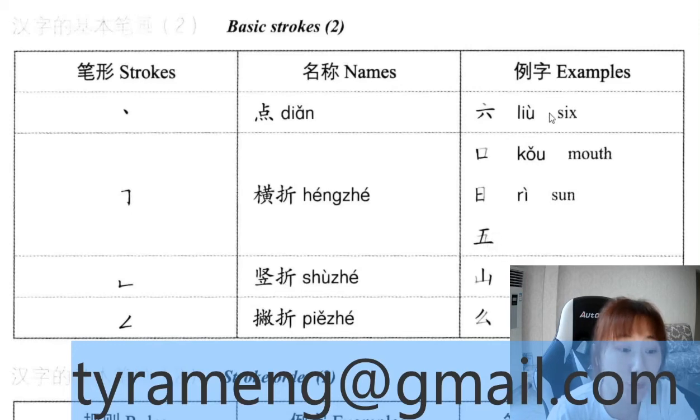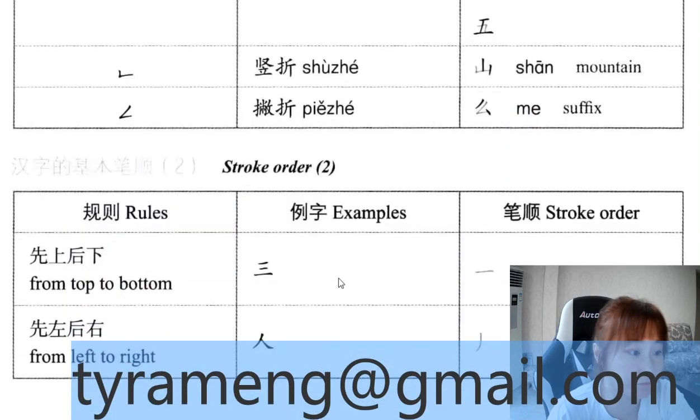And 五, yes, we learned 五. And the third one, 竖折, like 山, mountain. And 撇折.